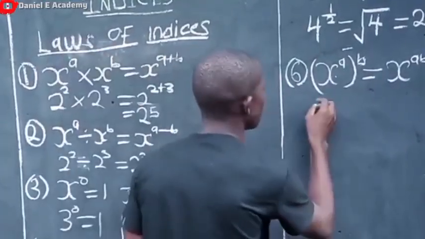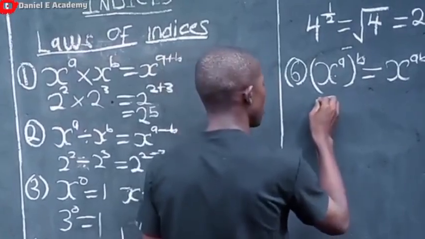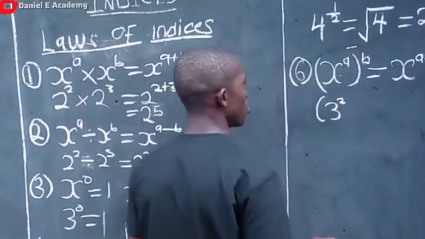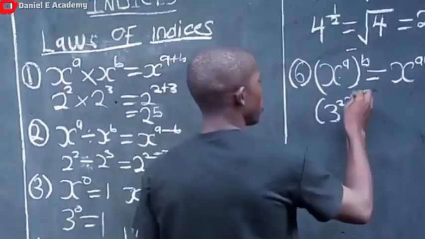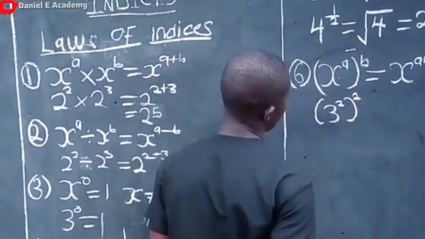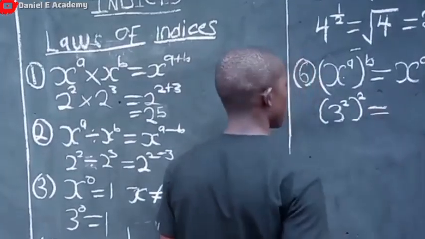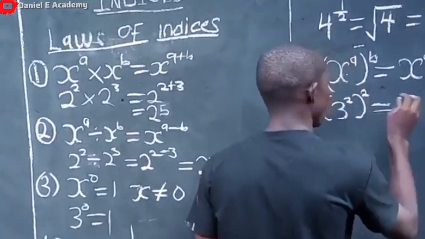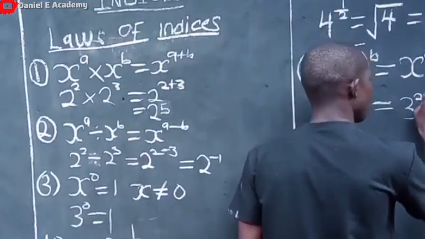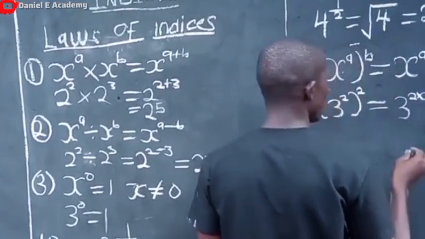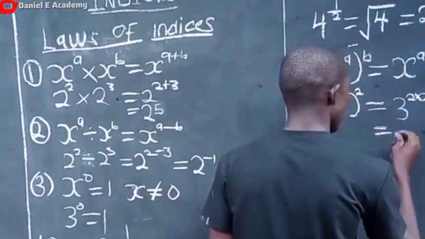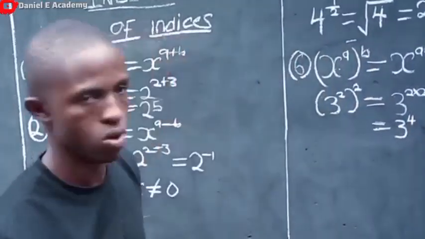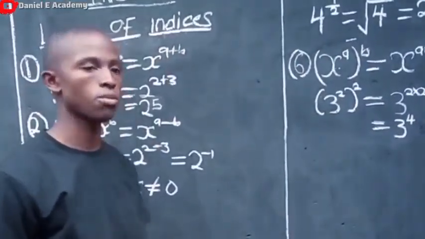So let's take an example. 3 to the power of 2, all to the power of 2, gives us 3 to the power of 2 times 2, which is equal to 3 to the power of 4. That's what this law simply means.